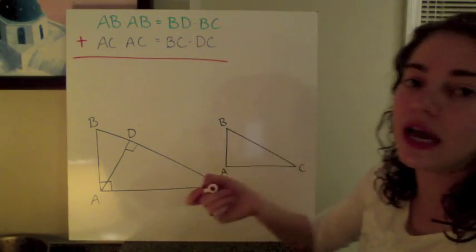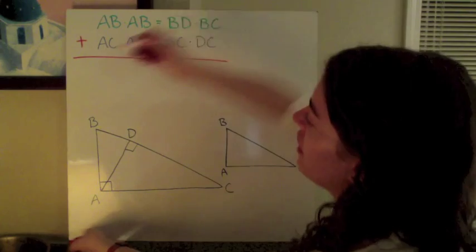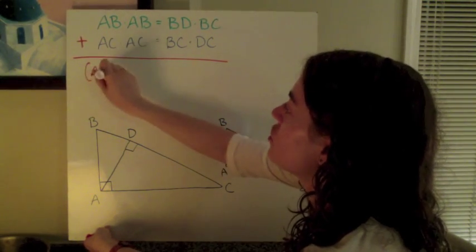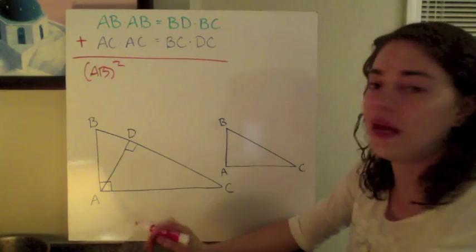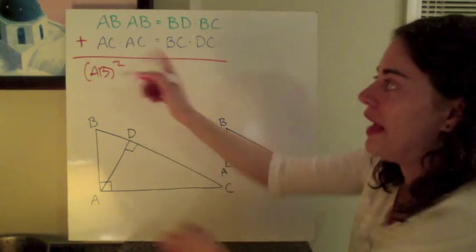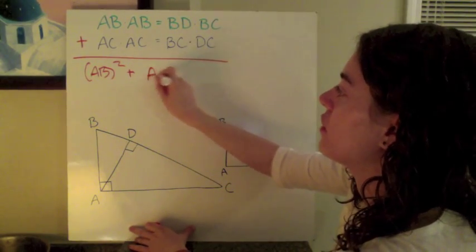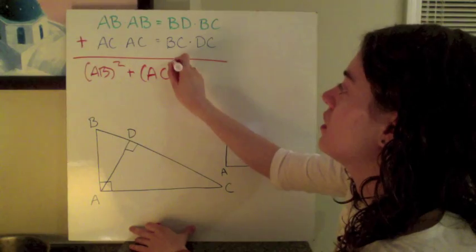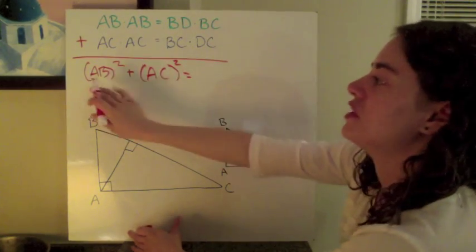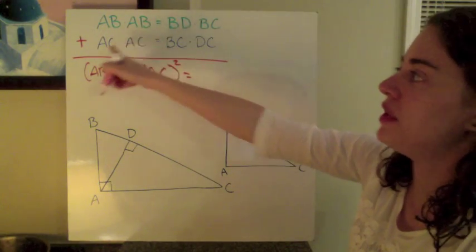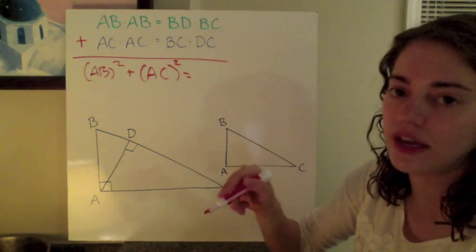So AB times AB, we know that that is AB squared. And when we add it to AC times AC, that's going to be AC squared. So this part so far reflects adding AB times AB plus AC times AC.